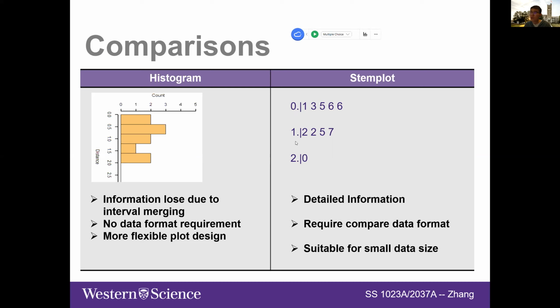So you have 1, 2, etc., up to 11, and you put the 11.0 over there. But in that case, the problem is that you still have so many categories, right? And if you have too many categories, you lose the power to present the distribution you want to express. So in that case, we don't like the stem plot here.